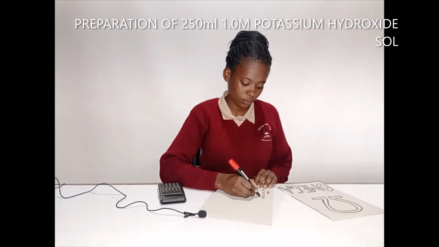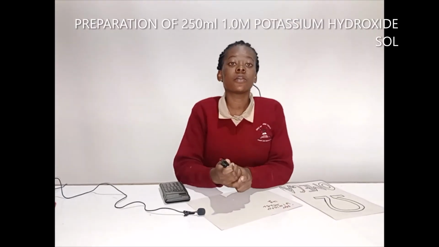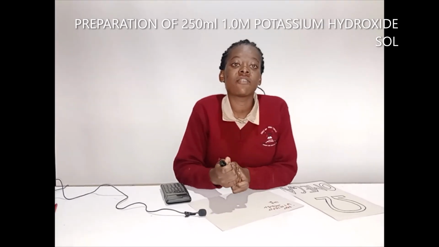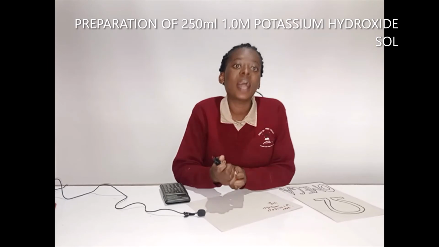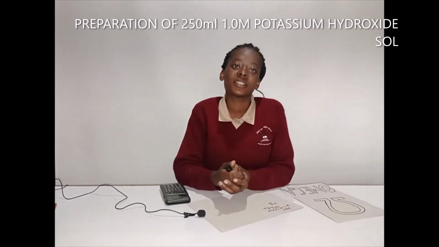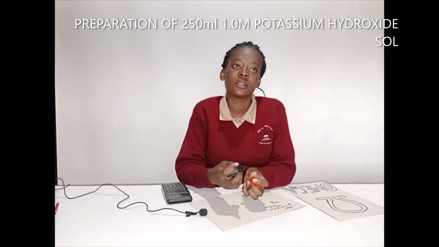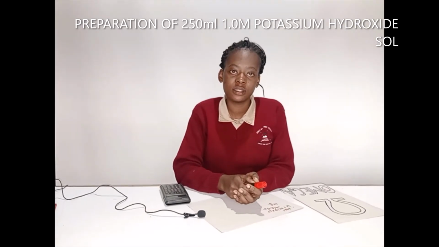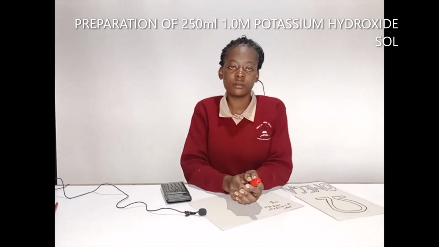How do you prepare that? You dissolve 14 grams of the potassium salt in water, put it in a volumetric flask and add water to the mark. Okay, what is the capacity of the volumetric flask? 250 ml. Okay, 250. For that one, I can give you half the total mark.